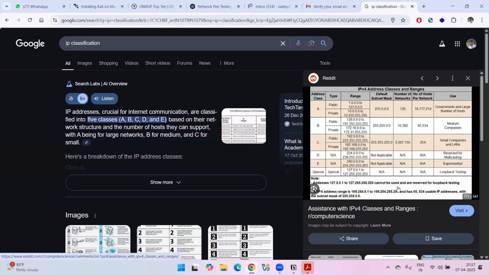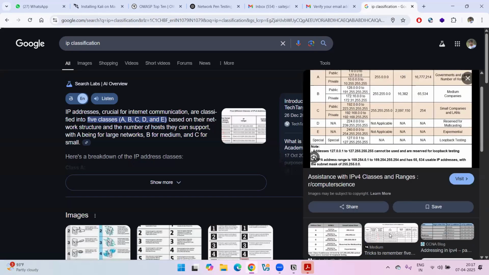So it is more than what the IP range is. So we cannot assign a single IP for a single device. There is a problem with assigning an IP address to each device.